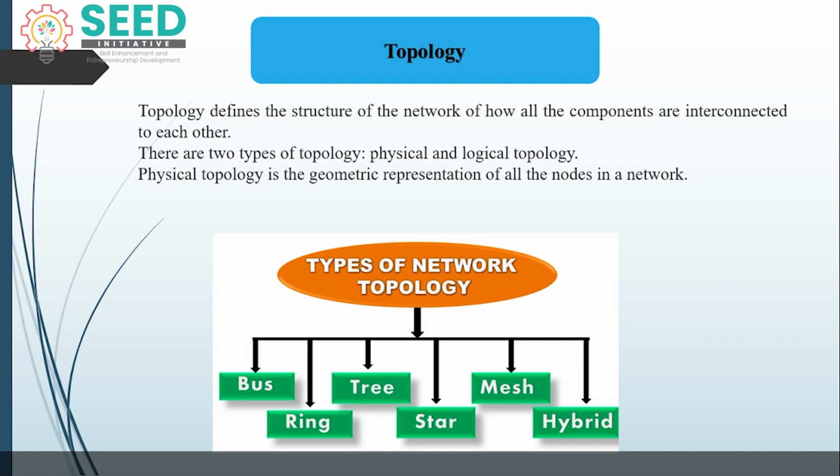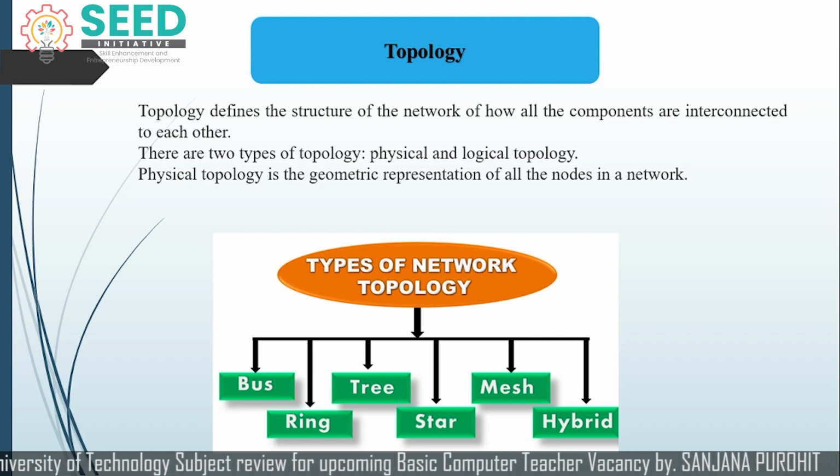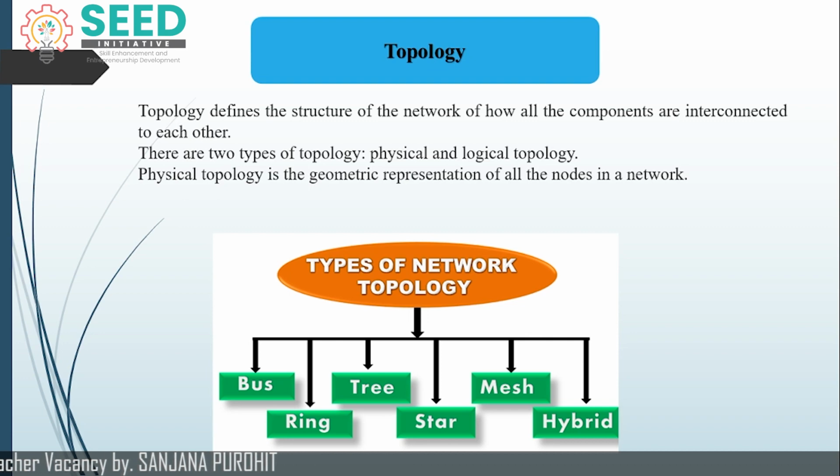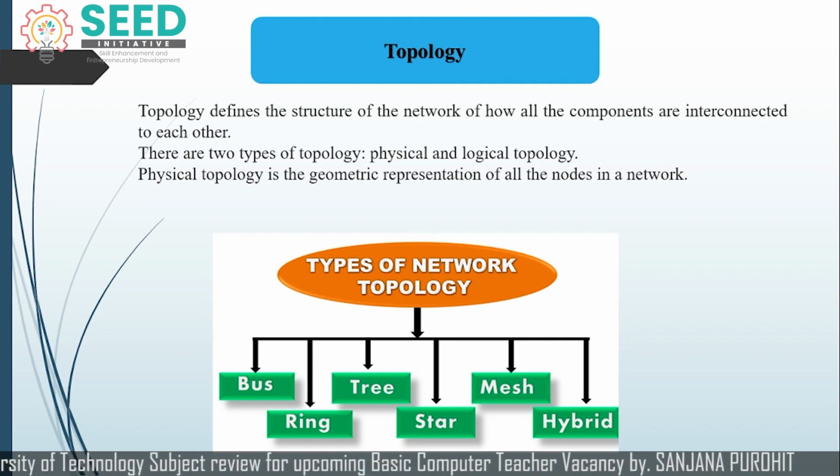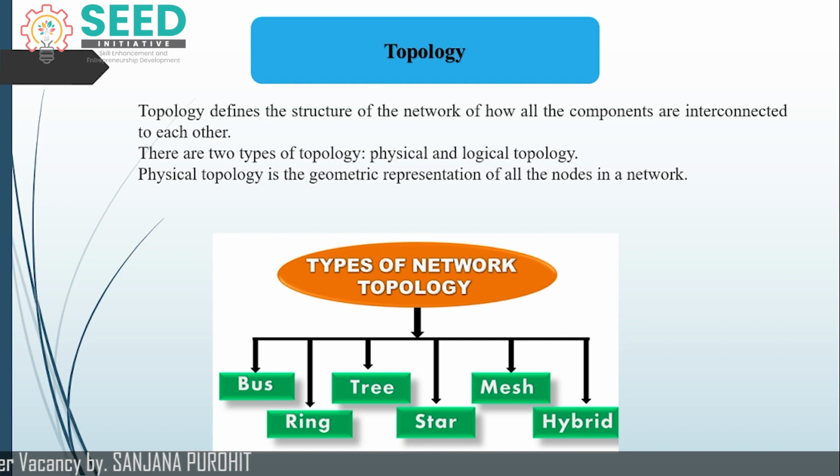First is the physical topology and second is the logical topology. In today's video, we will discuss the physical topology. Physical topology is a geometric or graphical representation of all the nodes in a network.